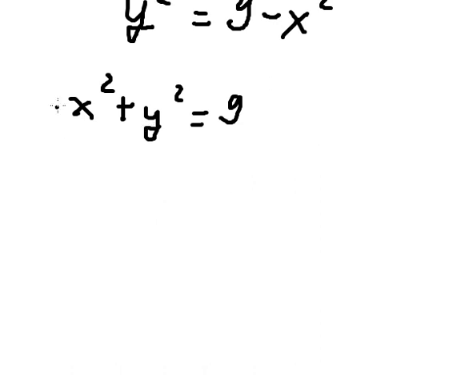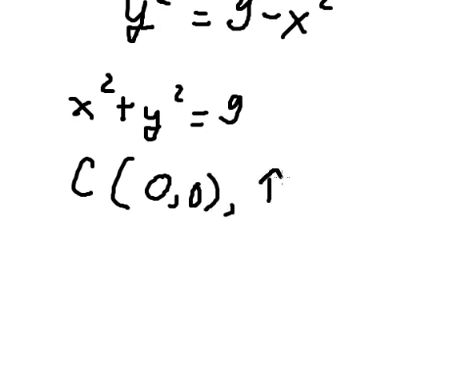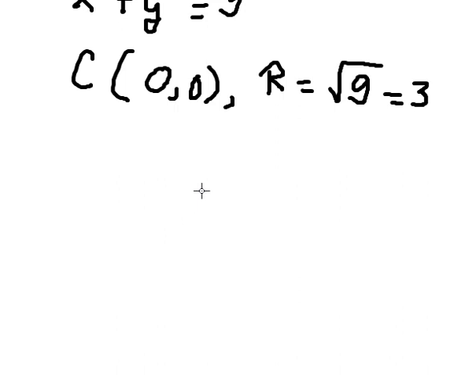And we can see that this one is the circle with center (0, 0) and the radius is the square root of 9, which equals 3. And now we need to write the circle.